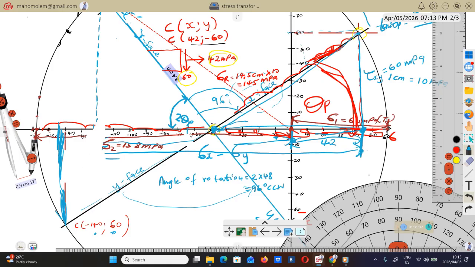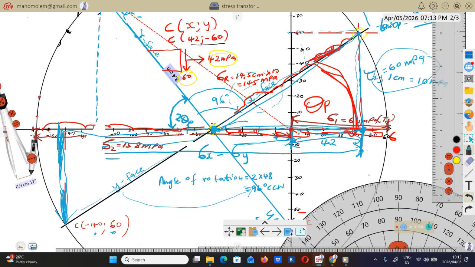Okay, if I may start again, you consider this triangle, which is identical to this one here. So the distance from here to there is going to be this one. Now we want to find this distance from here to there.